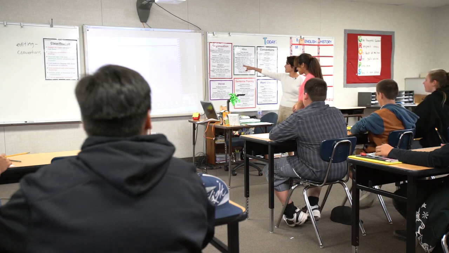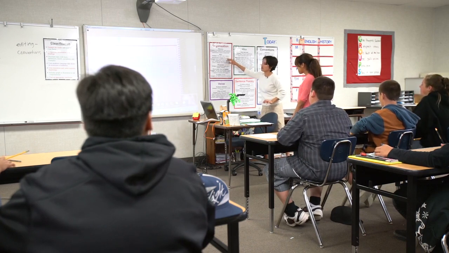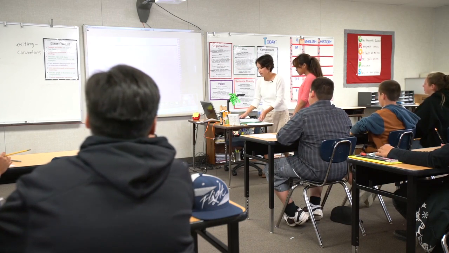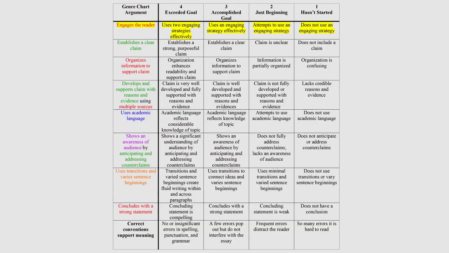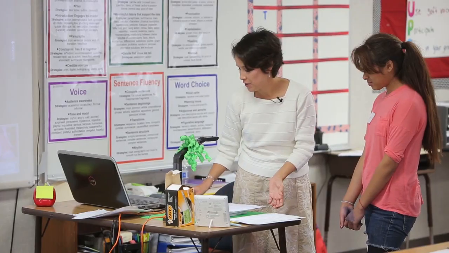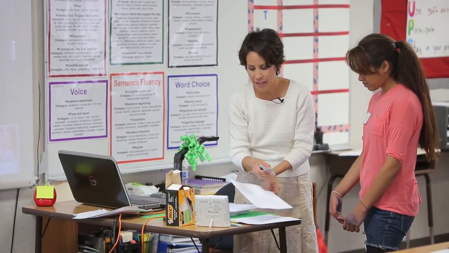Organization. See it right here? Engages the reader. So she would look here: did she use 2 engaging strategies? No. She used an engaging strategy. Well, she attempted. So she said, well, you didn't do a very good job, so I'm going to give you a 2. Okay, so you can go ahead and give me a 2.